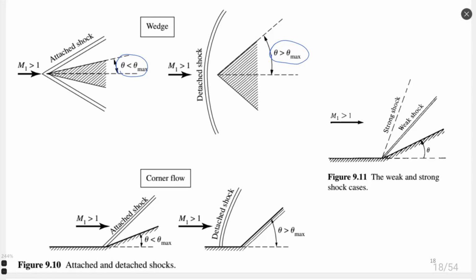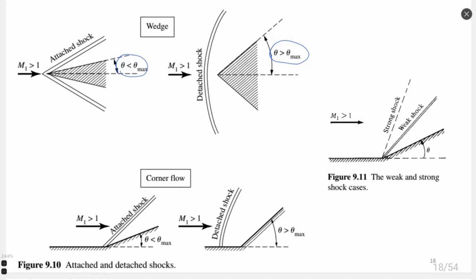Then also on the lower part of this slide, you can see a similar figure, which is corner flow. Corner flow has absolutely the same characteristics as the wedge flow. Wedge is symmetric, right? Corner is just one side. Since we do not see any boundary layer, we do not involve boundary layer theory in such a calculation, we can consider these two cases of wedge and corner as identical.